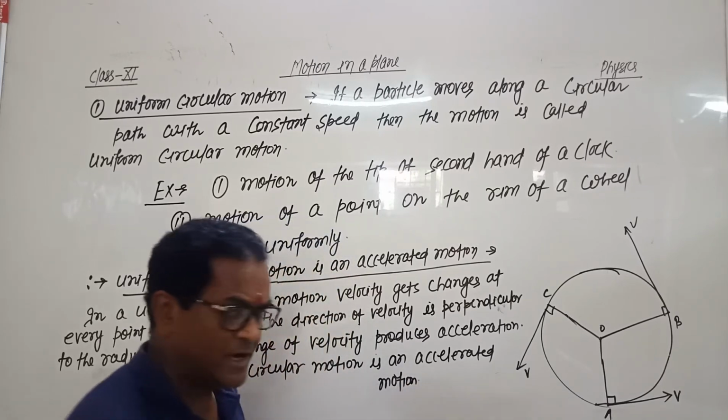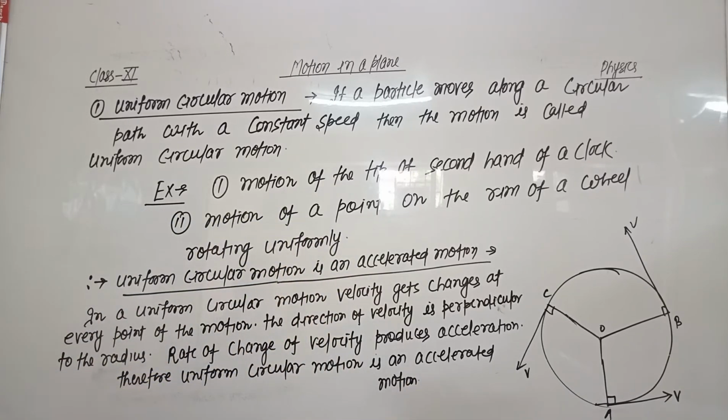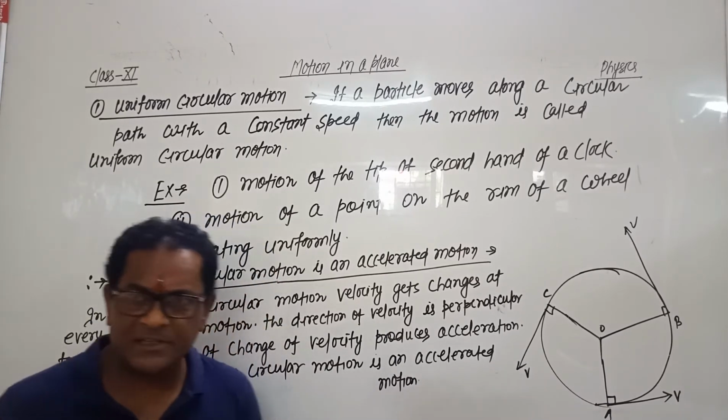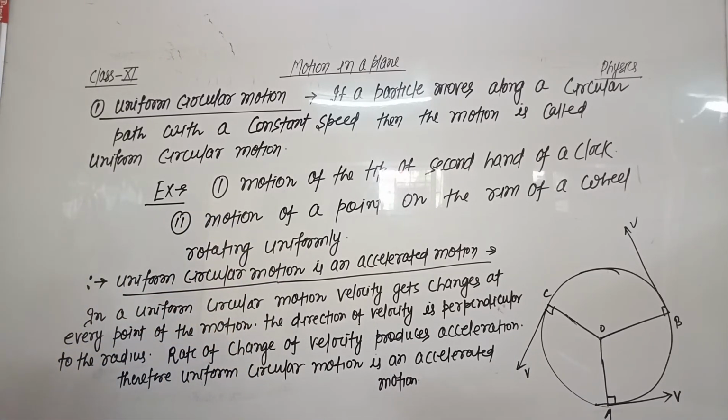Speed of a body at every point remains constant, but the velocity, meaning direction, gets changed continuously, and we know that rate of change of velocity produces acceleration. Therefore, we conclude that uniform circular motion is an accelerated motion.